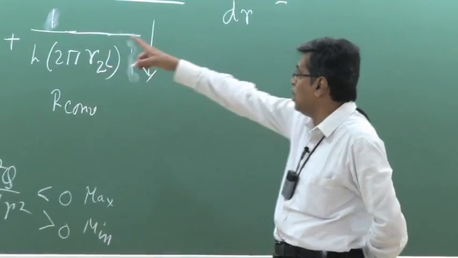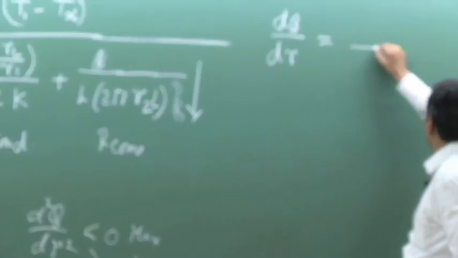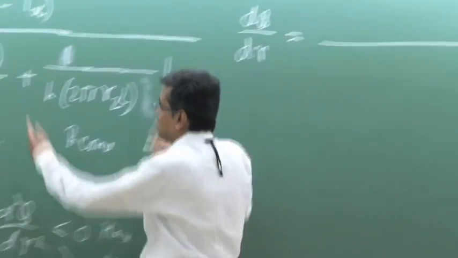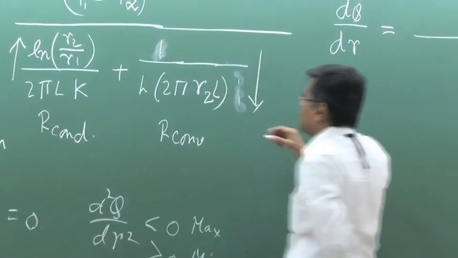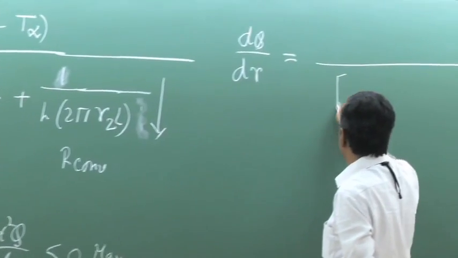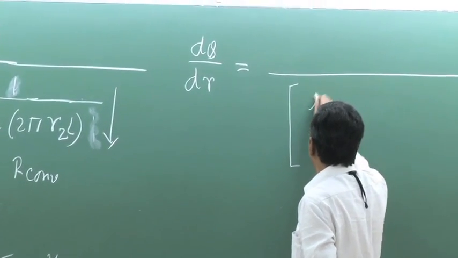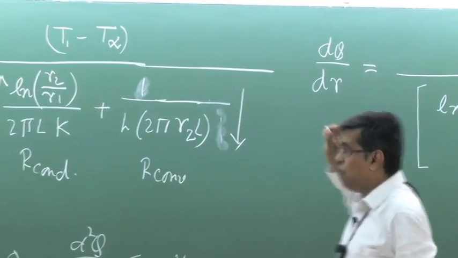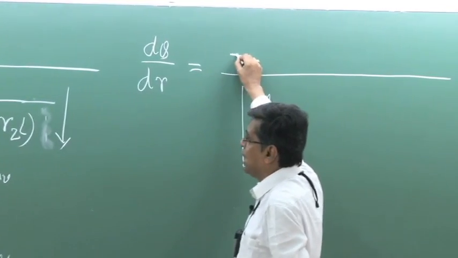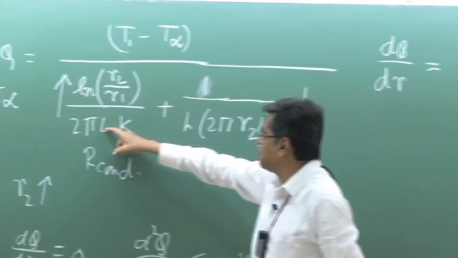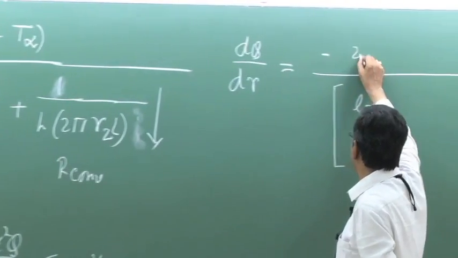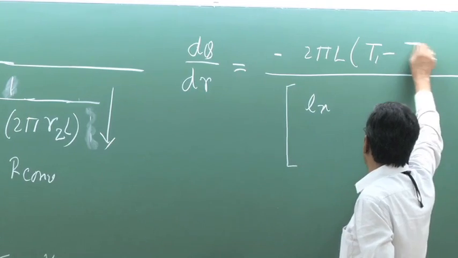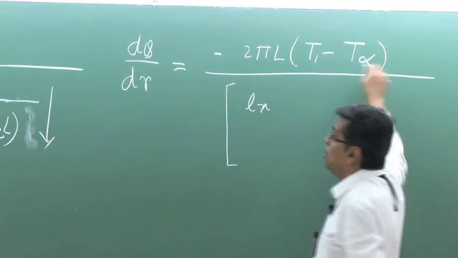So if you now differentiate this with respect to R2, let us take this as constant, so differentiate with respect to this as a whole: the differentiation of 1 by x is minus 1 by x squared. That means minus, let us consider that twice pi L is constant, so twice pi L goes here. Please check it, if I make any mistake you tell me.